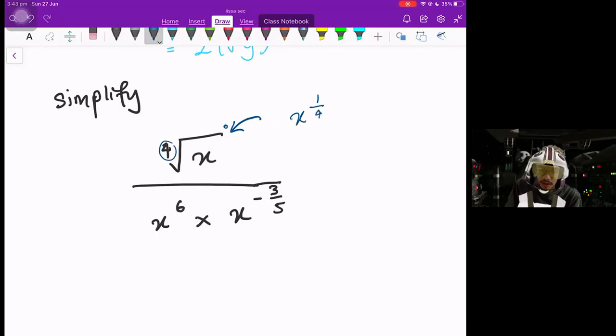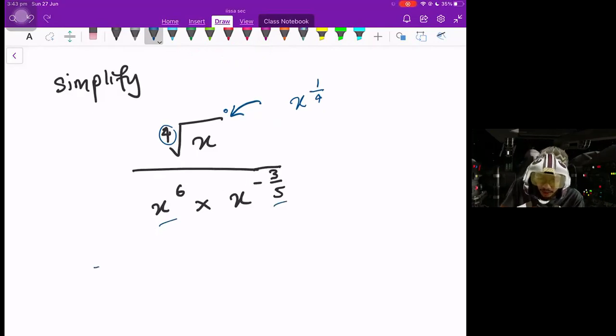X to the power of 8, let's leave it like that, and this just leave it like that. So what we can have is x to the power of 1 over 4, over x to the power of 6 times x to the power of negative 3 over 5.